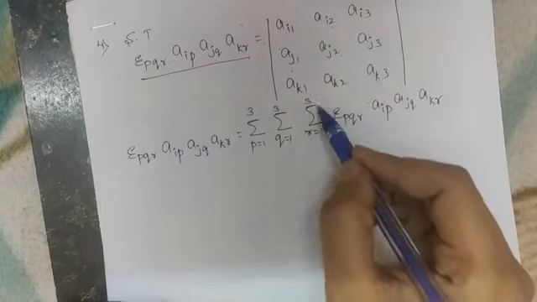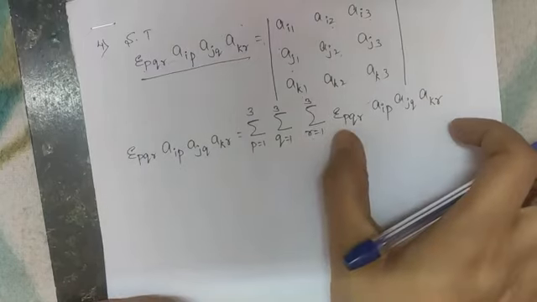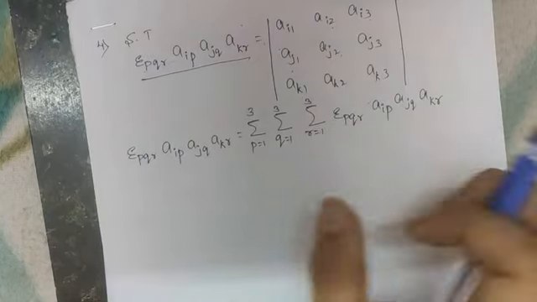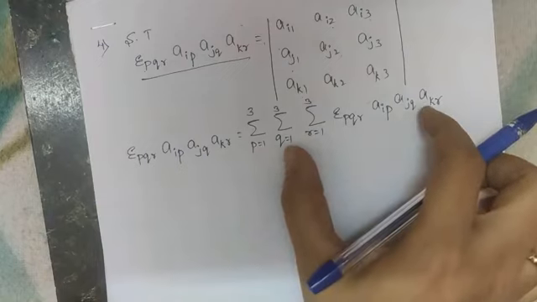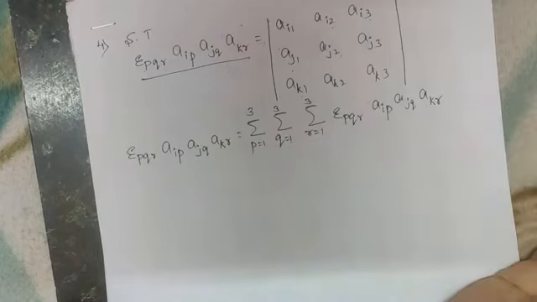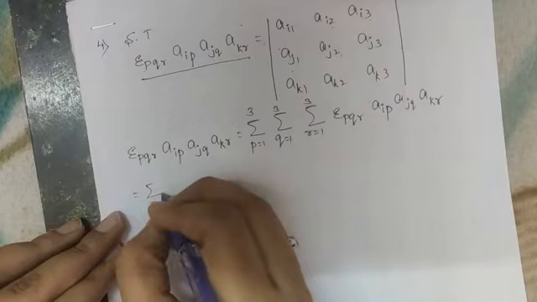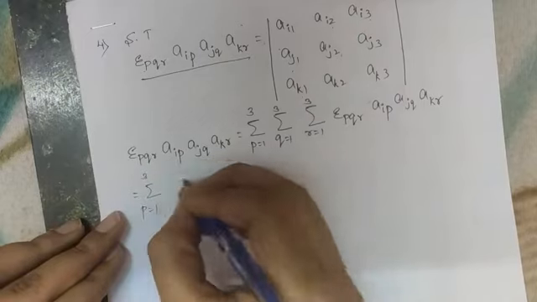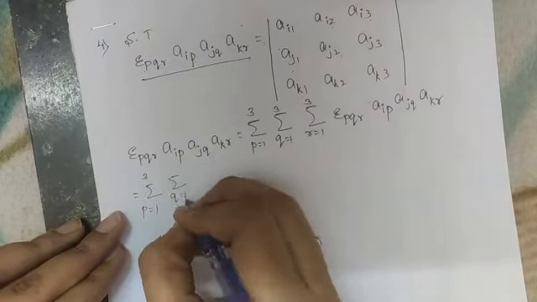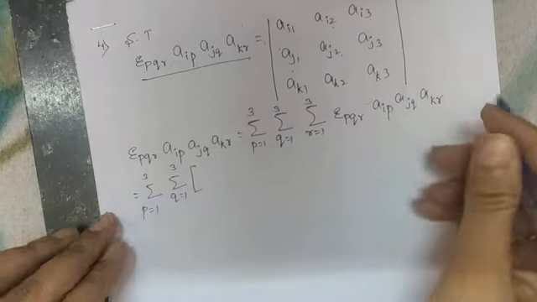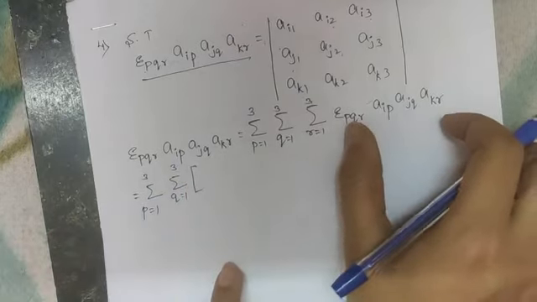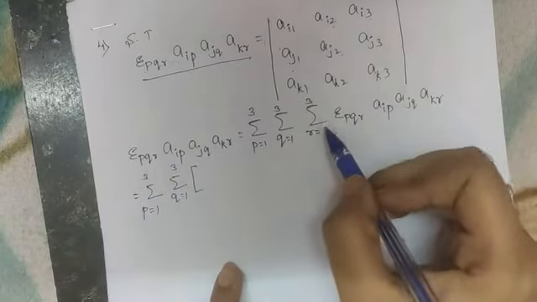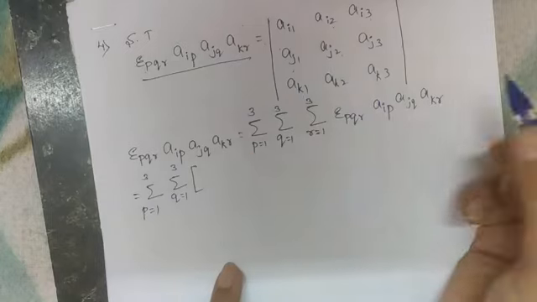First consider r equal to 1 to 3 and expand this term for r. Then consider q and expand for q. Then you have to expand for p. So this is summation p equals 1 to 3, summation q equals 1 to 3. Here from this one term, if I expand over r, I will get three terms, right?